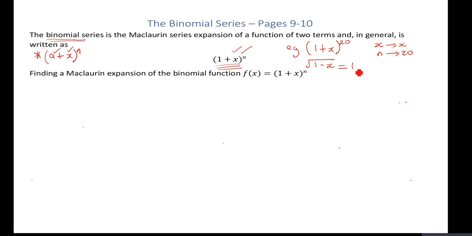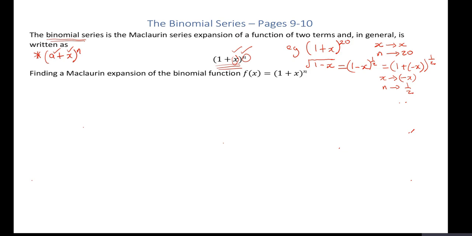I can write the square root of 1 minus x as 1 minus x to the power of a half, which in turn I can rewrite as 1 plus a minus x to the power of a half. And there's your binomial series. And what has happened? The x is now replaced by a minus x, and the n we have to replace by a half.